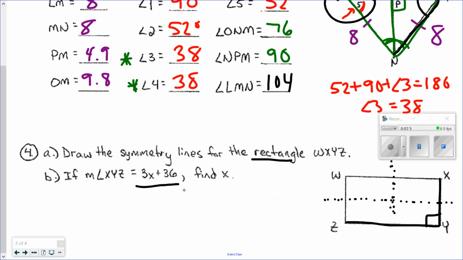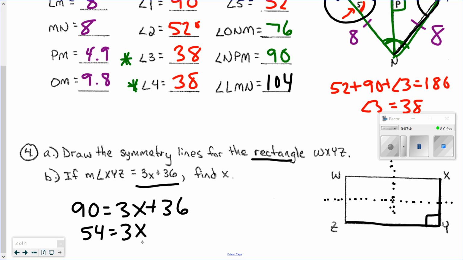I need to solve for x. So what I'm going to do then is set 90 equal to 3x plus 36. So when I solve for x here, then I'm going to subtract 36 from each side, and I get 54 is equal to 3x, divide by 3, so 18 then is equal to x.